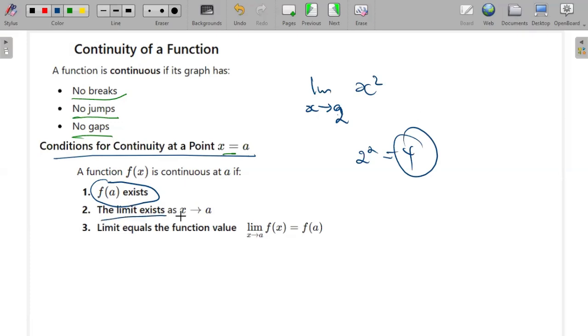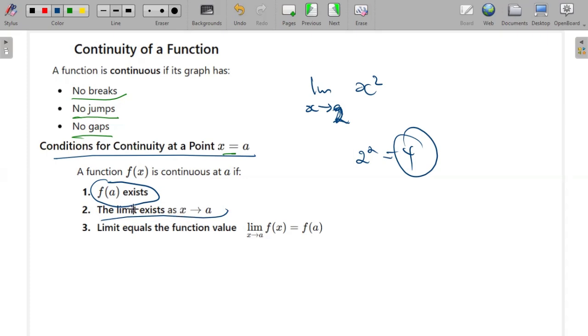And then when you take the limit, it must exist as we approach 2. This means that the left-sided limit and the right-sided limit must exist.